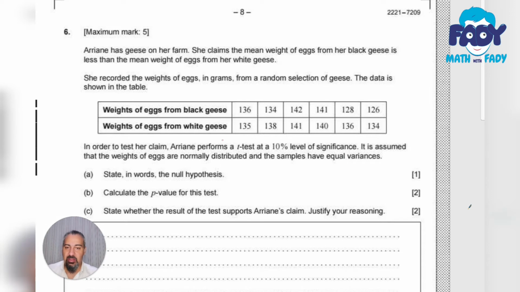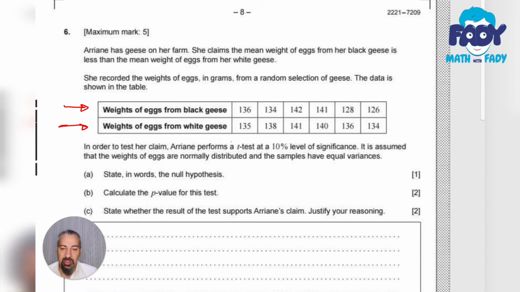Arriane has geese on her farm. She claims the mean weight of eggs from her black geese is less than the mean weight of eggs from her white geese. She recorded the weights of eggs in grams from a random selection of geese. The data is shown in the table. We have here the first row, weights of eggs from black geese, and the second row, weights of eggs from white geese.